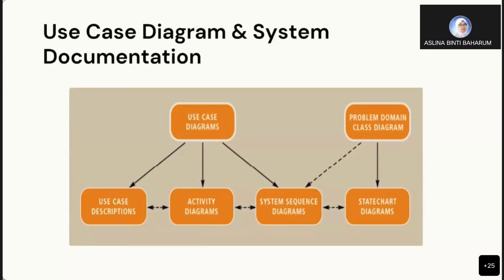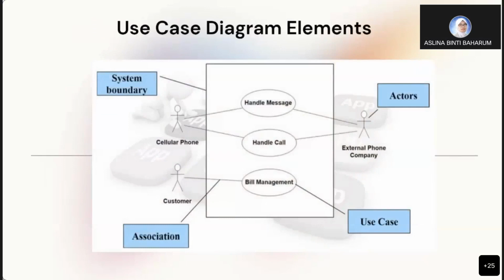In this slide, it shows the connection of use case diagram along with the other diagrams. Next, let's take a look at the elements of a use case diagram. Here we can see a complete use case diagram along with the elements that make it: system boundary, actor, association, and use case. Let's take a deeper look.